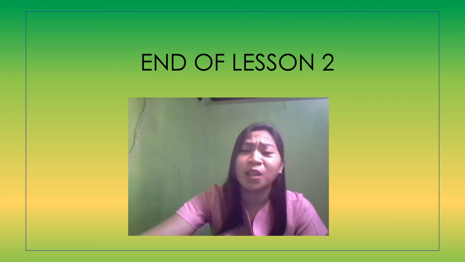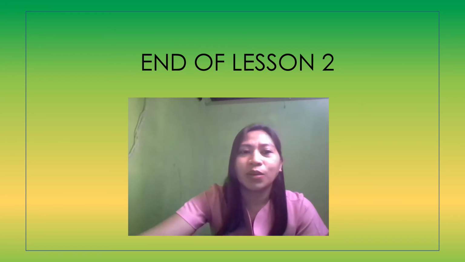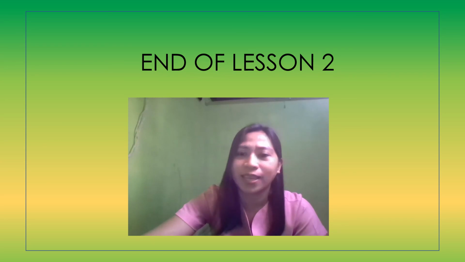So tell your parents that there are plants that can grow using their stems, roots, and leaves. Okay, I hope that after this lesson, you will check on your gardens and look into plants that are already available and try to replant some of them. Okay?